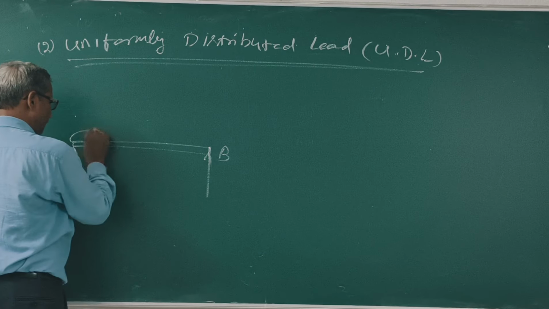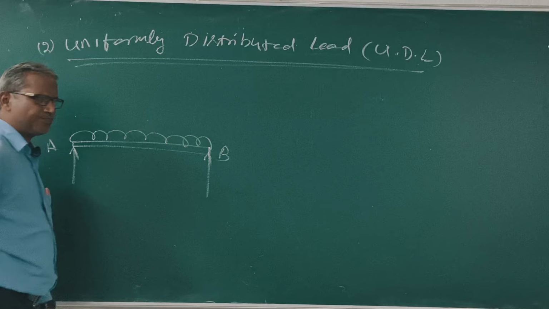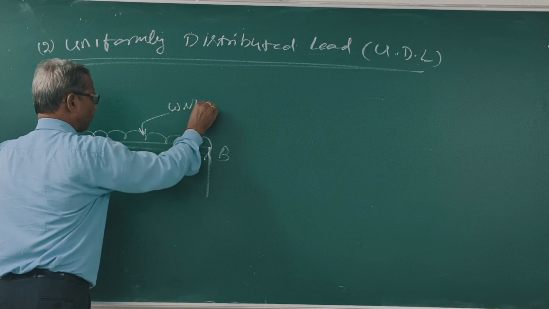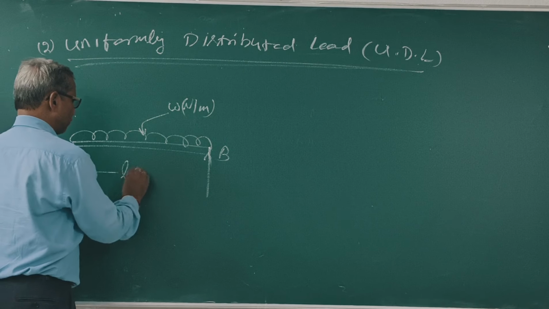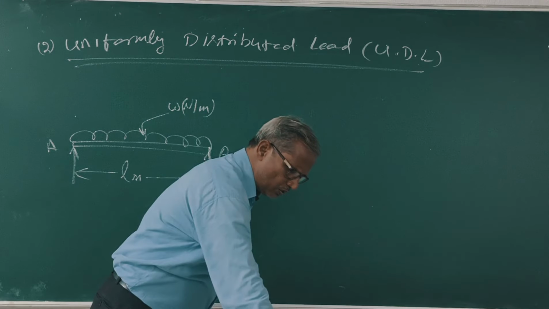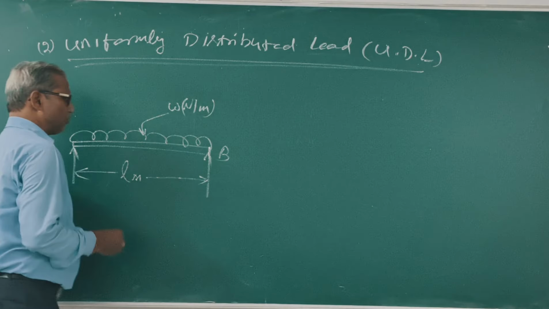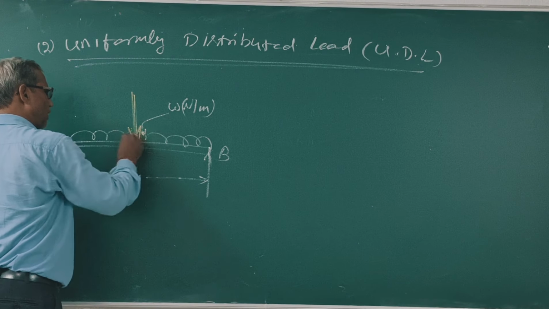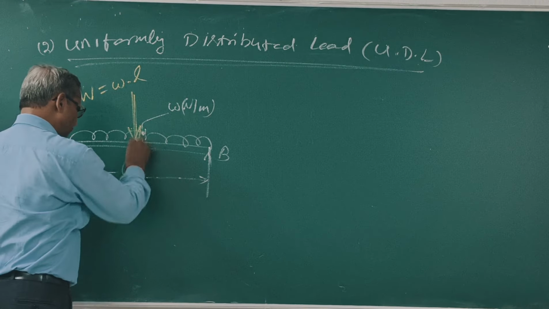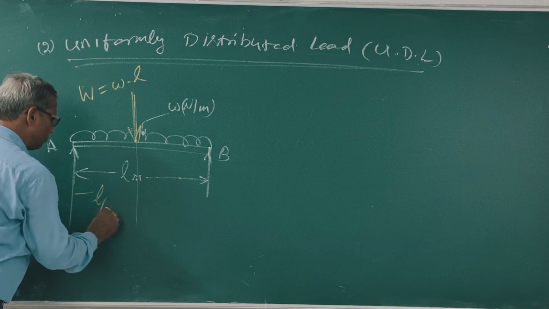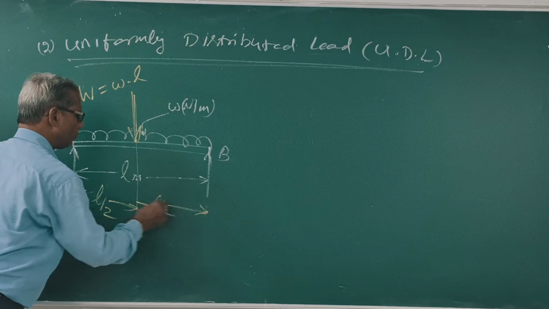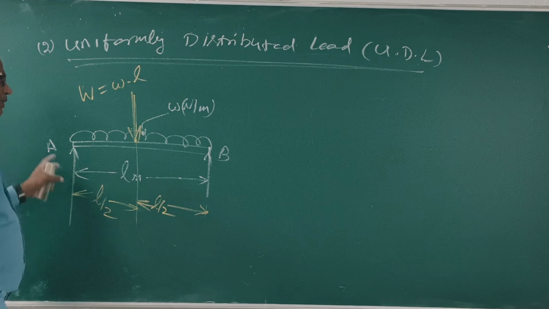This is UDL, w Newton per meter. Suppose this is L meter. What is the total load? W is equal to small w into L. It is acting at the center of the beam. This is L by 2, this is L by 2. Clear?